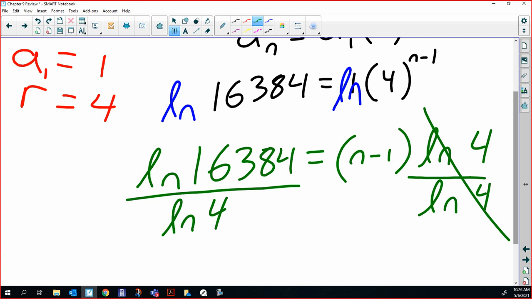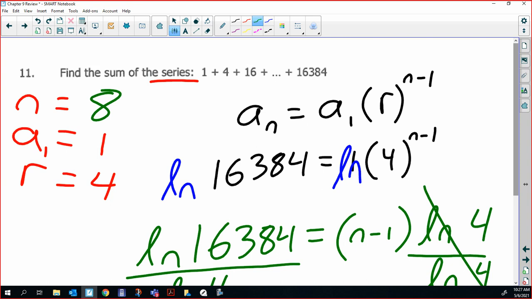So in your calculator, you just have to type in natural log of 16,384 divided by natural log of 4. And that tells you 7 equals n minus 1. Same thing we did the other way with some guessing, which means n is 8.